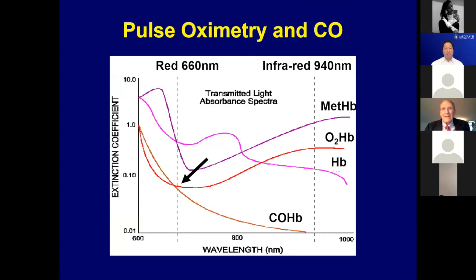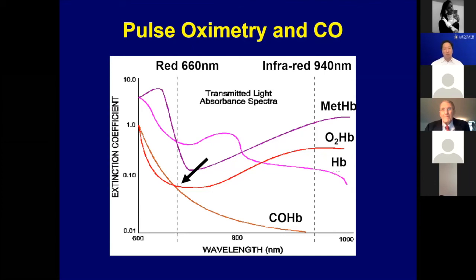It's normal. It just has to do with the light absorption. So when we use the pulse ox, either on the monitor in the hospital or your Apple Watch or whatever, you're shining light into the skin at 2 wavelengths, 660 nanometers and 940 nanometers, and you look at basically the absorption at those 2 lights and you get a ratio.